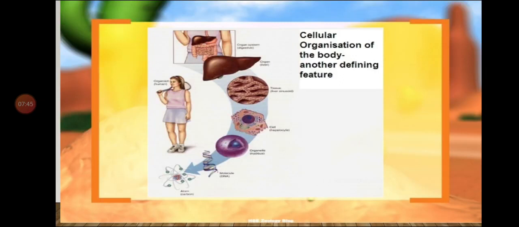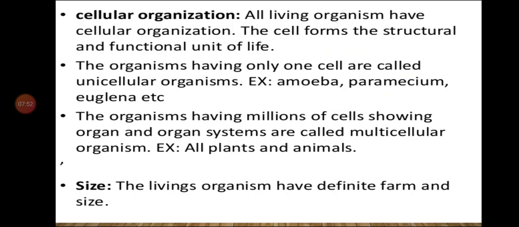The next property is cellular organization of the body. All living organisms have cellular organization. The cells form the structural and functional unit of life.